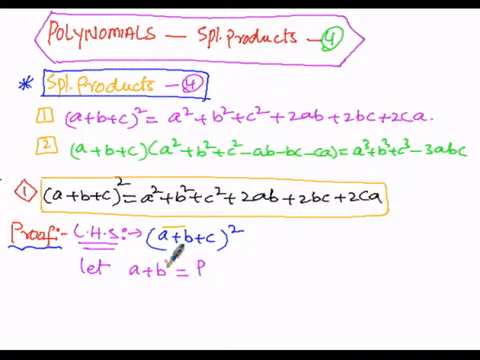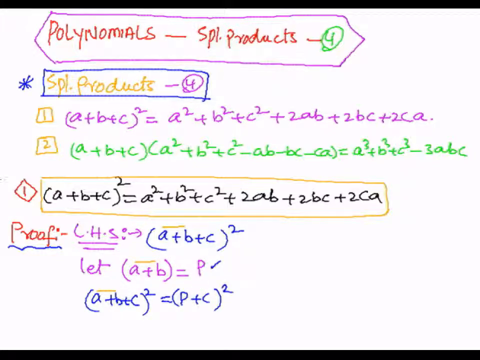Then this (a plus b plus c) whole square can be written as, instead of a plus b, p, then plus c, but it must be squared, so (p plus c) whole square.